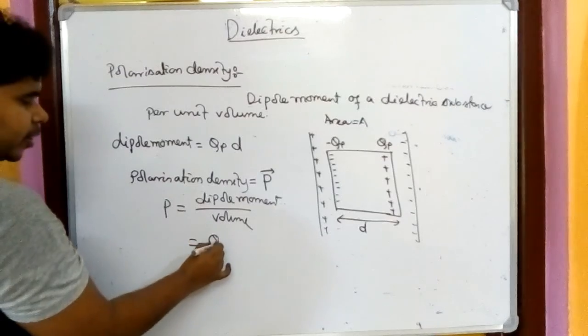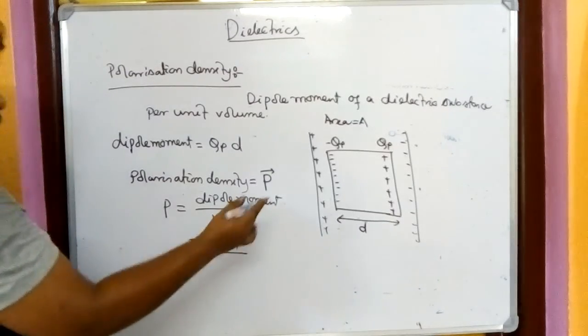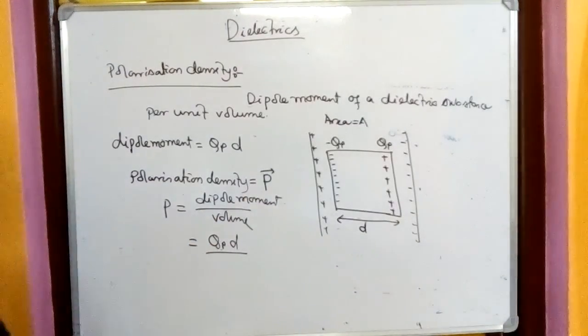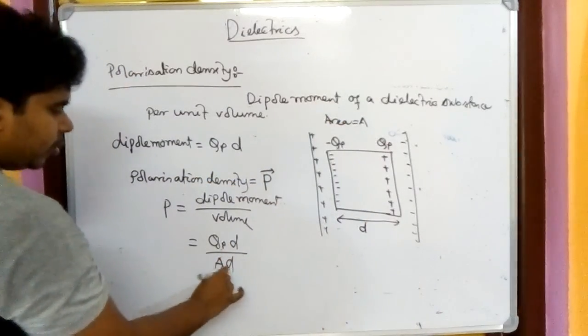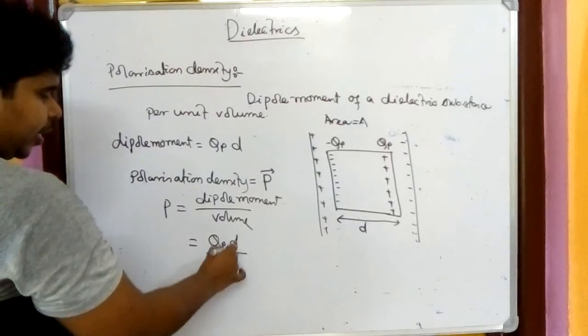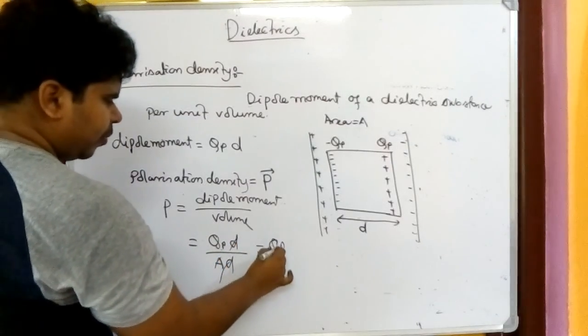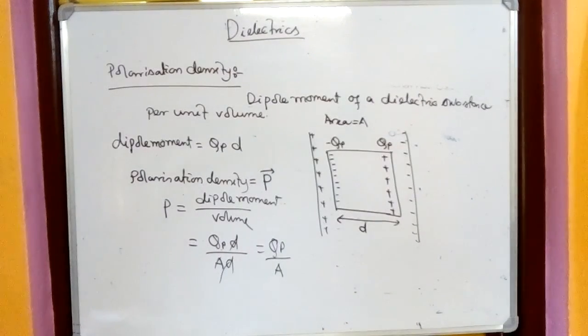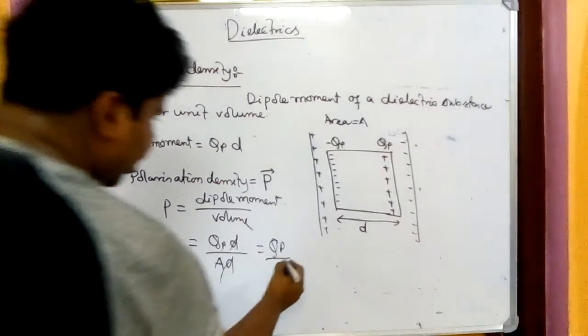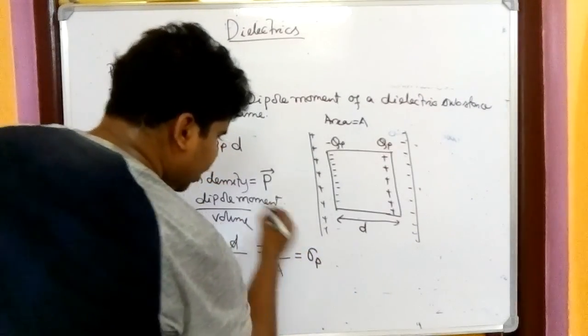So dipole moment is QP into D. What is volume? If the area is A and distance is D, it is A into D. So cancel D here. It is QP by A. So charge per unit area is the polarization density. We know the charge per unit area can be denoted by sigma P also.